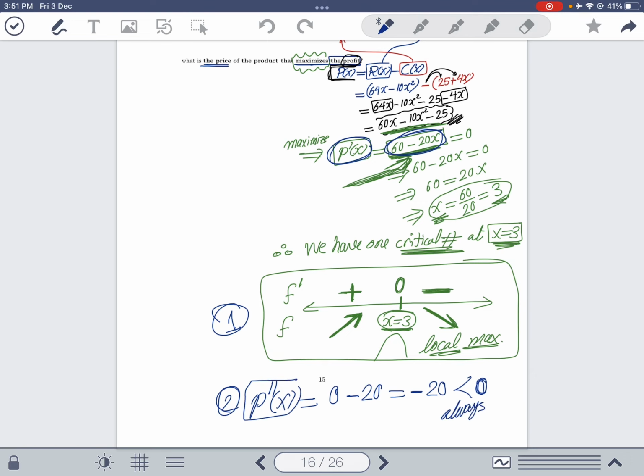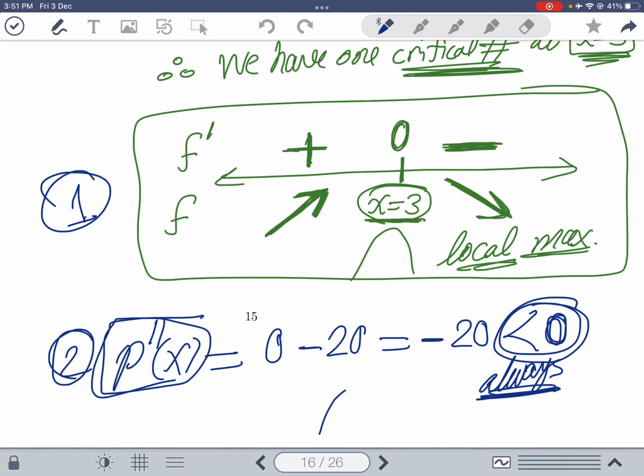So the second derivative is always negative. This means that the function is always concave down. And if it's concave down at a point, it will be concave down at 3. So it means 3 must be a local maximum.